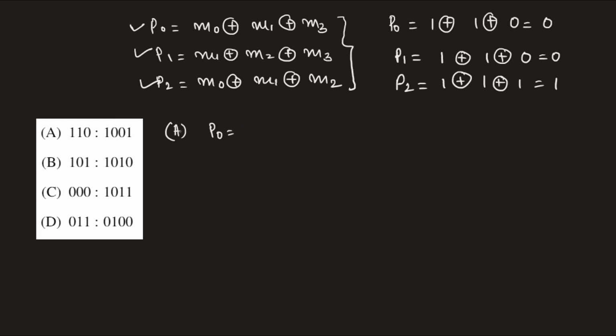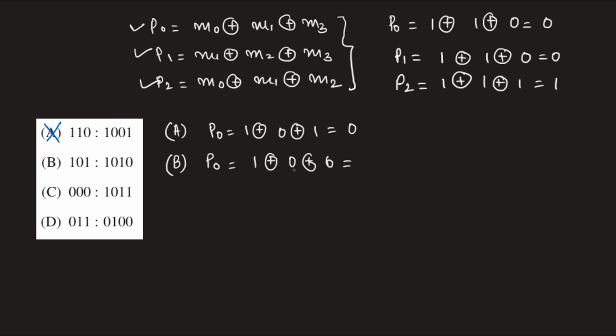So P0 must be M0 which is 1, XOR with M1 which is 0, XOR with M3 which is 1. So 1 XOR 0 is 1, 1 XOR 1 is 0. So P0 must be 0. But we observe in the option P0 is 1. So option A is incorrect. Now we go to option B. P0 must be M0 which is 1, XOR with M1 which is 0, XOR with M3 which is 0.